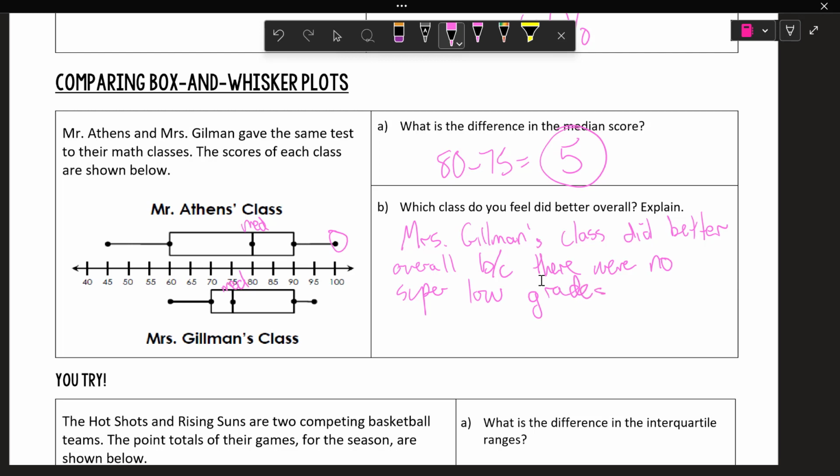In Mrs. Gilman's class, the lowest grade was a 60. In Mr. Athens' class, 25% of the class got between a 60 and a 45. So 25% of the people failed. That's not good. So I think Mrs. Gilman's class did better.